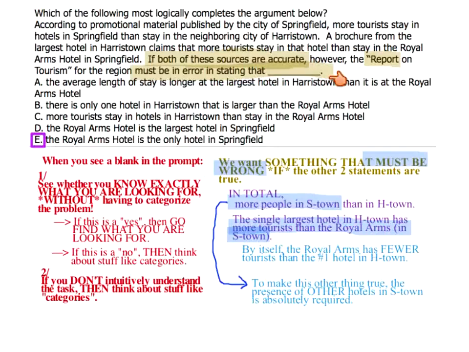Definitely not something that I would be capable of, but on the problems that are testing larger connections, that's not necessarily going to be your friend. D is wrong because there could definitely be lots of bigger places in S-town. But then again, maybe there aren't. We don't know. S-town could be full of small hotels, and this could still be a thing.